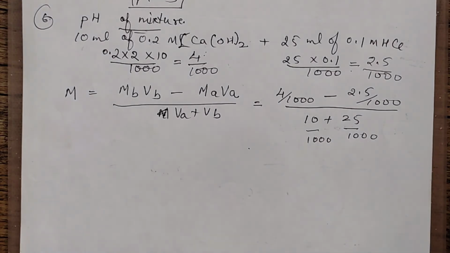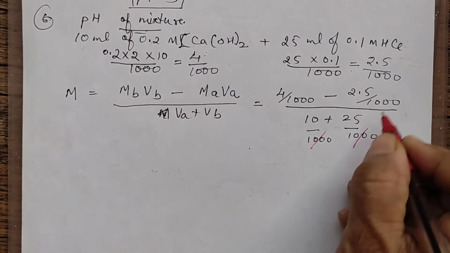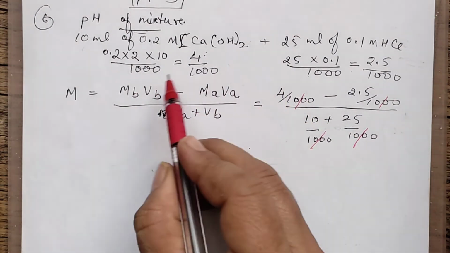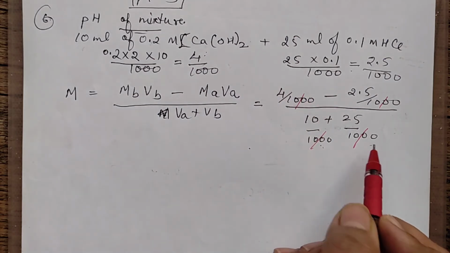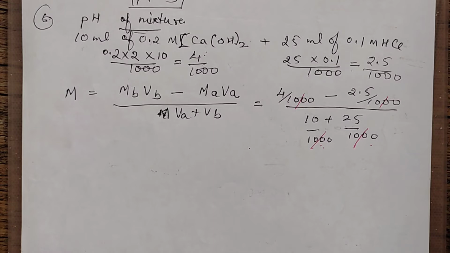So we can cancel all this out. That is why I was telling you, you can leave it in ml, because later on we'll be dividing by the volumes, which are also to be converted into liter.